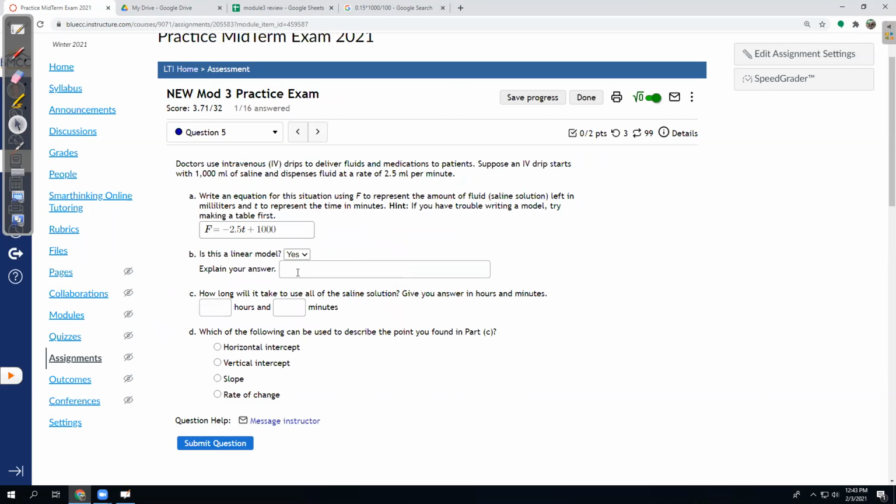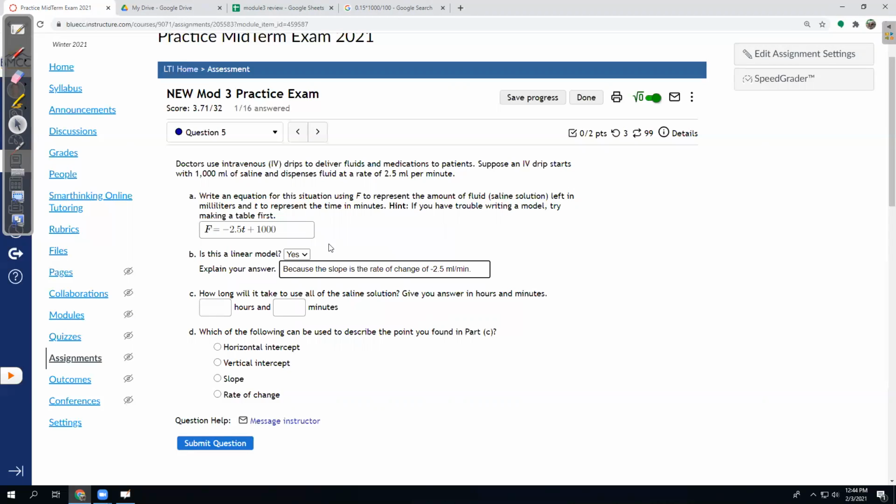Is it linear? Yes. Because my answer would be the slope is the rate of change of negative 2.5 milliliters per minute, right? So I can see a slope, so that's why I think it's linear, and there's many other answers you could put there.